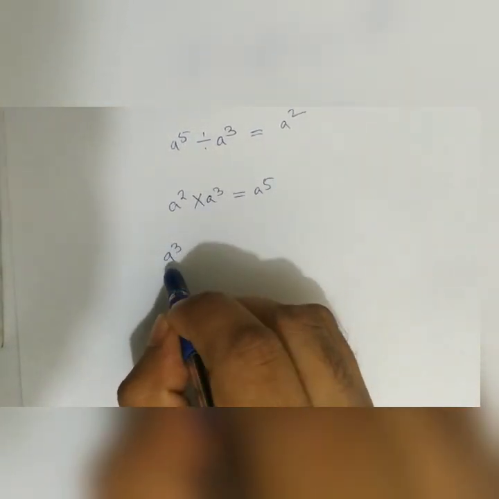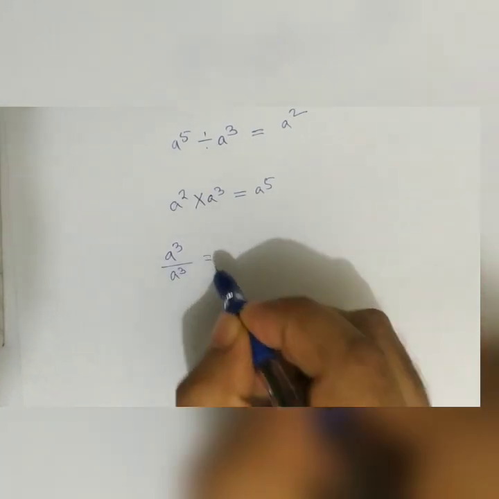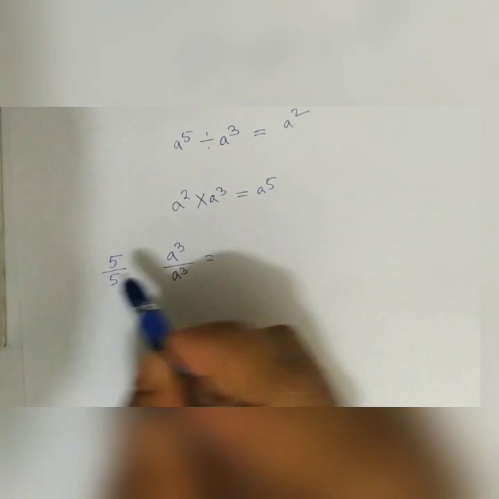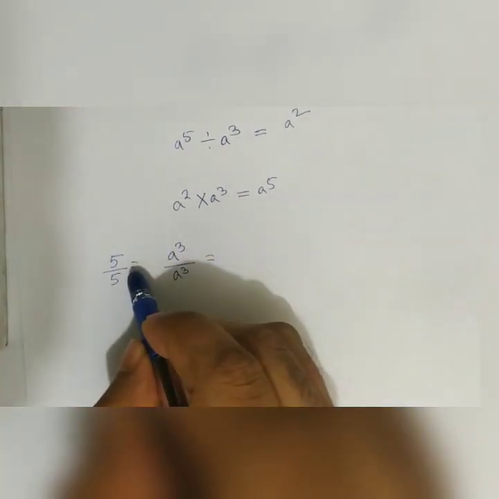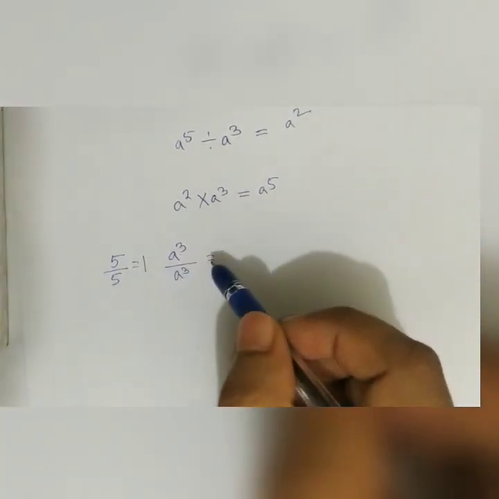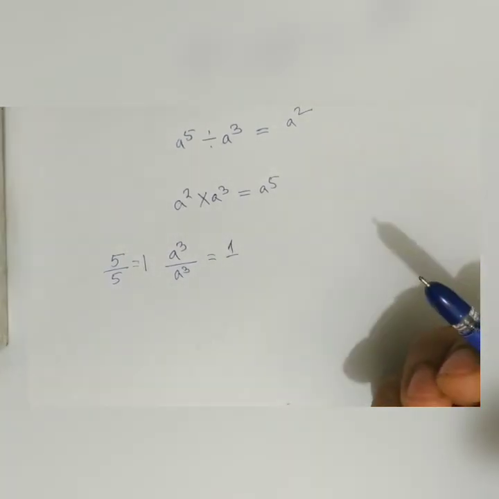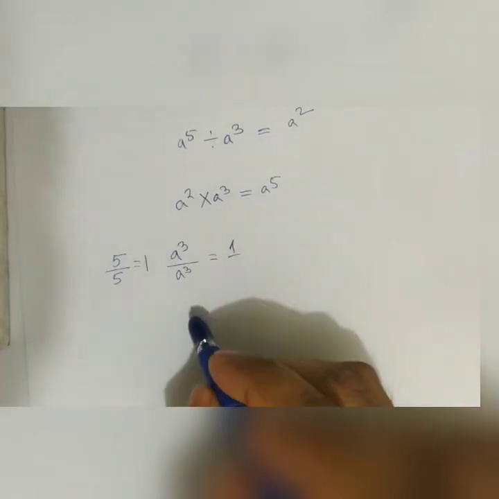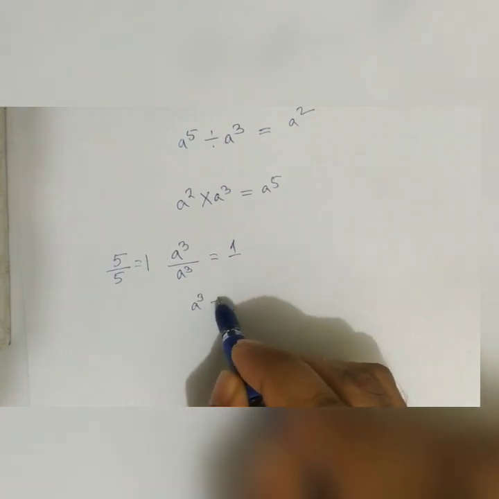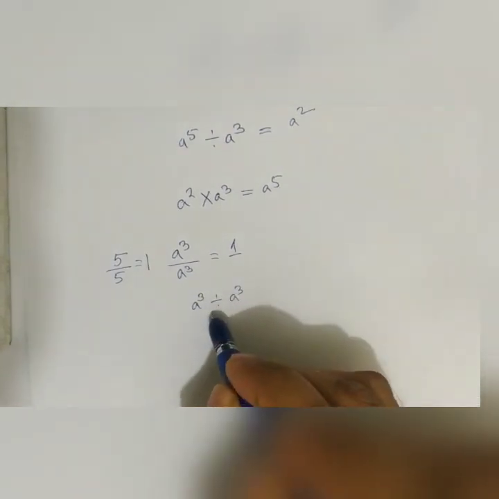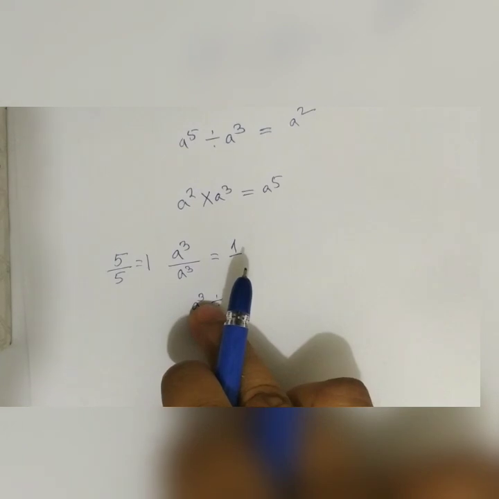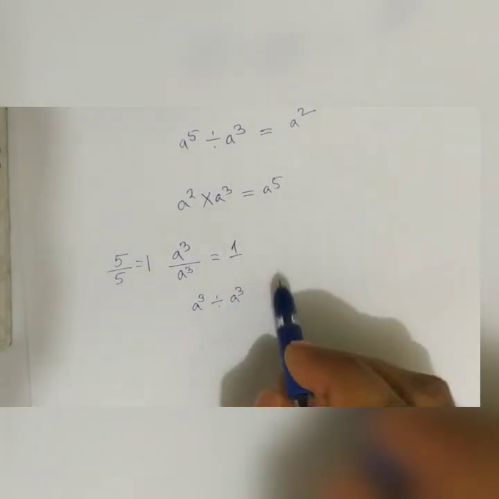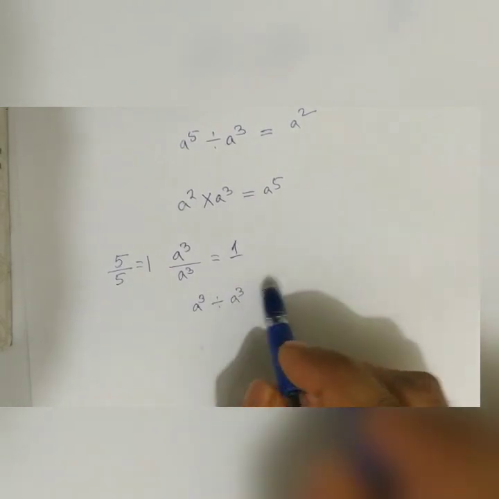Now if we see a cube by a cube. Remember, like 5 divided by 5, what did we used to get? 1. So a cube by a cube, what will we get? 1. Remember that if we are dividing an algebraic expression by the same expression with the same power, the power gets subtracted.